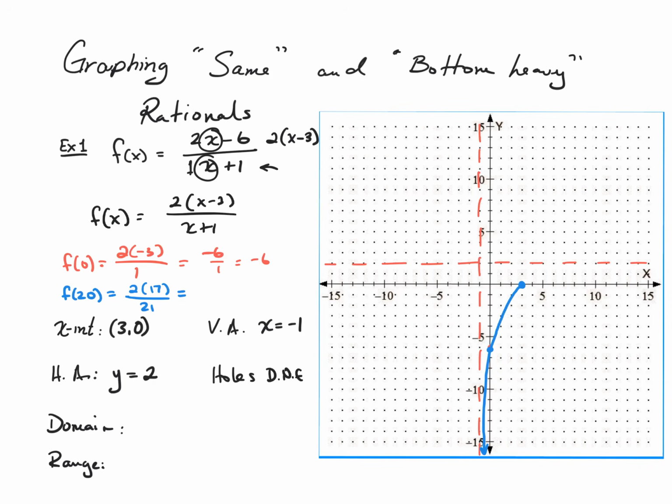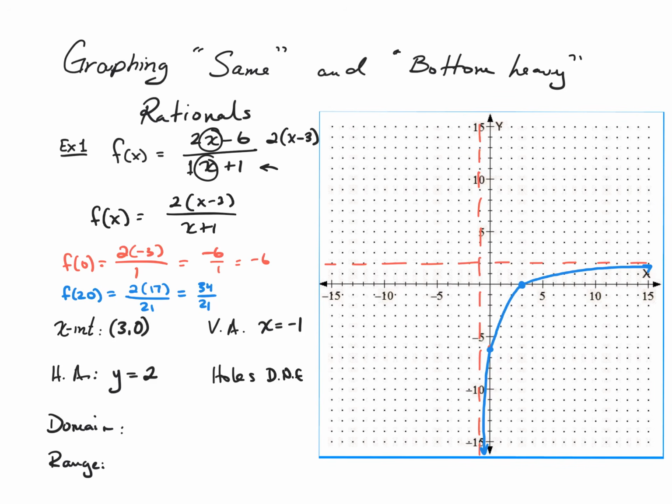If I pick something far enough out, I can get an idea. So this is 34 divided by 21, which produces a value that is less than 2. So my curvature is going to stay below, and I'm going to presume that it's not going to cross the horizontal asymptote.